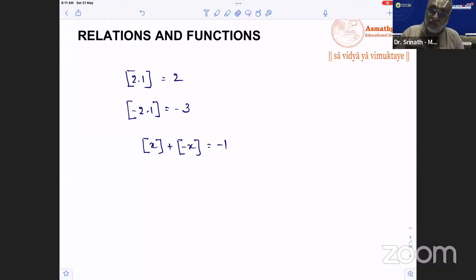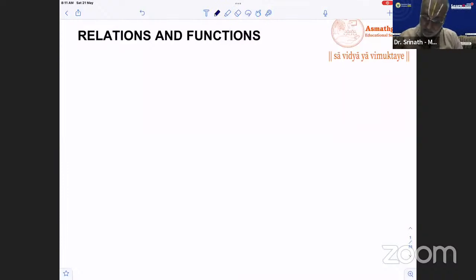And apart from that, you have learned about the graph of x square, sine function, and so on. Okay. And let me come back to the second year portions. We talk about the relation on a set. What do you mean by a relation on a set? Any subset of A cross A, which we call the relation on the set.